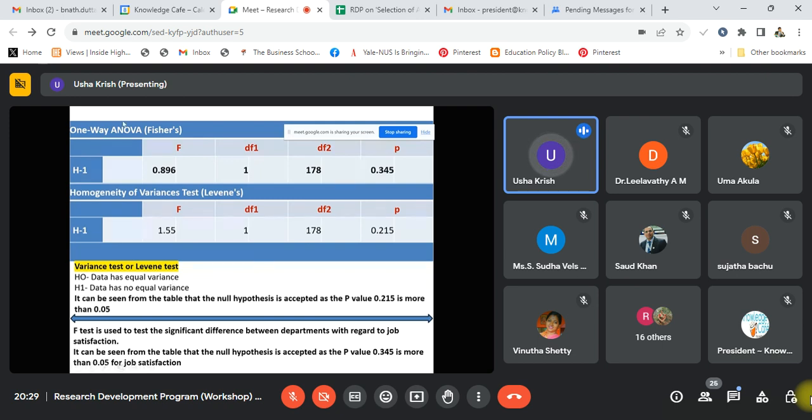In the case of ANOVA values, how are you going to write the report? The first point will be: F test is used to test the significant difference between the departments with regard to job satisfaction. Second point: it can be seen from the table that the null hypothesis is accepted as the p-value is more than 0.05 for job satisfaction.